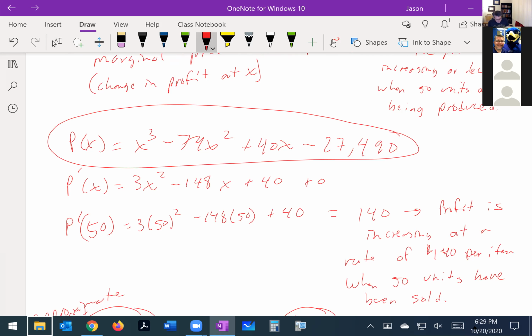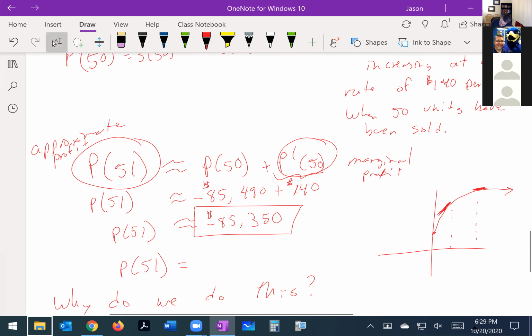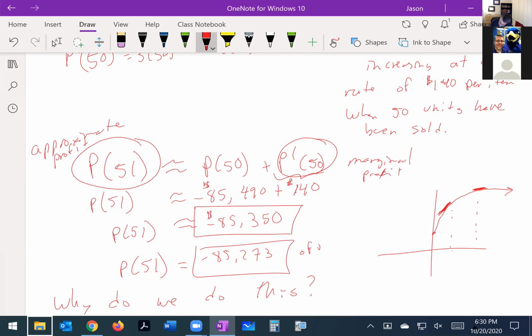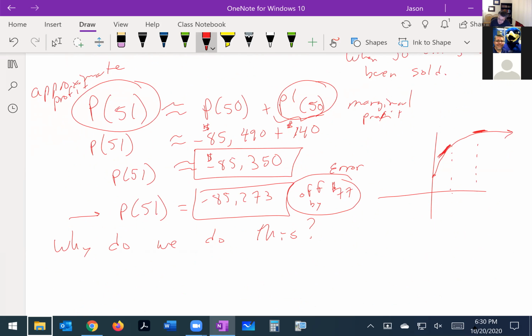If I did plug that in, I would get negative 85,273, which is the difference. I'm off by a little bit, by positive $77. That's my error.